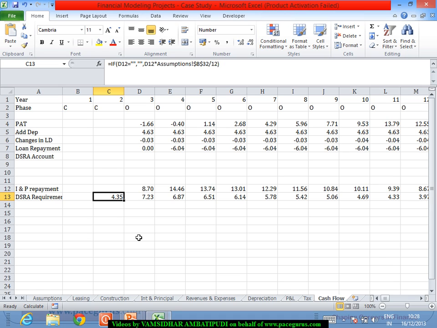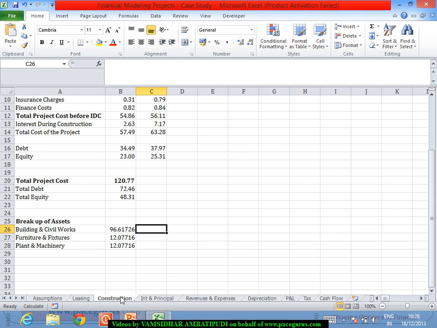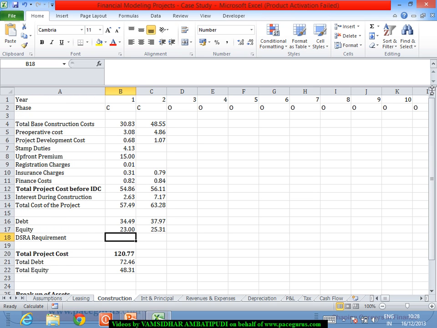So that is where I still suggest that whatever the DSRA requirement during the construction period is, even that has to go as a part of my construction assumptions. So this is one more addition to the cost of the project now. I will bring out the DSRA requirement, which would commence in the last year of the construction period.